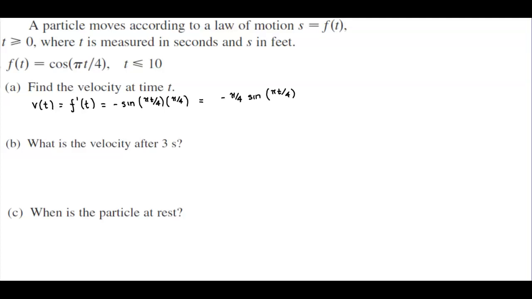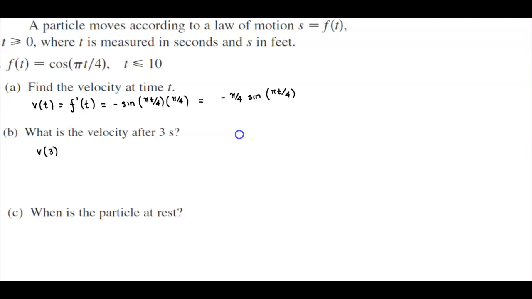So now what we want to do is find the velocity after 3 seconds. So we want to find v of 3. So we're going to plug it into the velocity function that we found. So it's going to be negative pi over 4 times the sine of, t is going to be 3, so 3 times pi over 4.